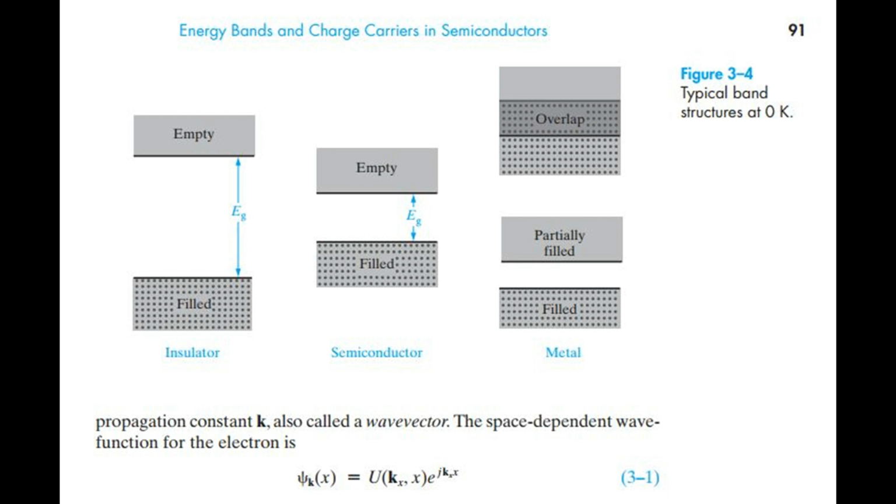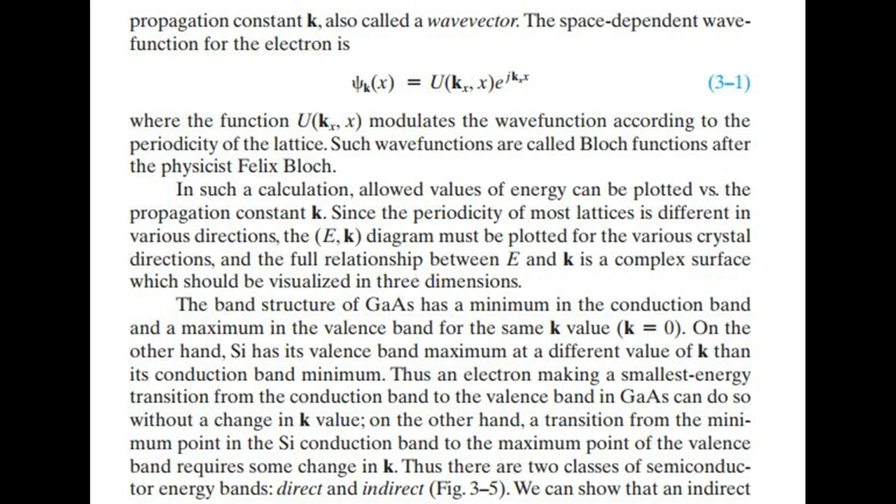The space-dependent wave function for the electron is given by a plane wave, where the function u(kx, x) modulates the wave function according to the periodicity of the lattice. Such wave functions are called Bloch functions after the physicist Felix Bloch. In such a calculation, allowed values of energy can be plotted versus the propagation constant k.